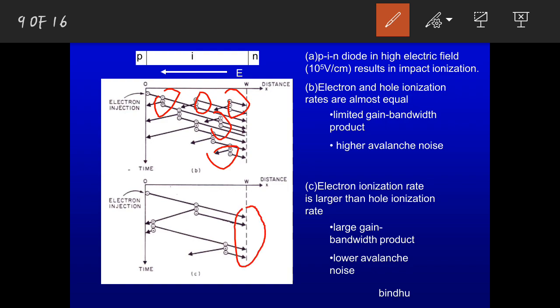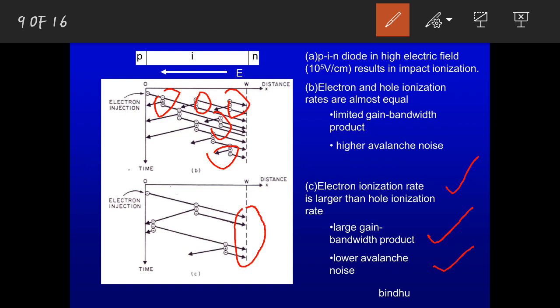At one particular time the multiplication output is taken. So we have larger gain with a higher electrical field, and the electron ionization rate is also larger. We have less avalanche noise.